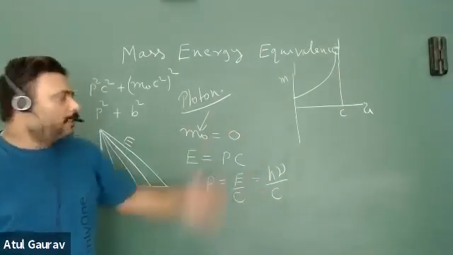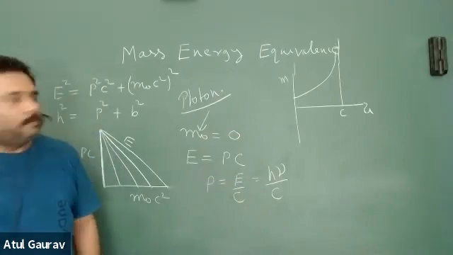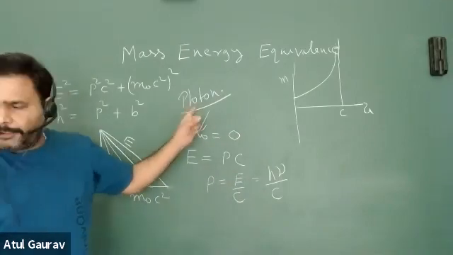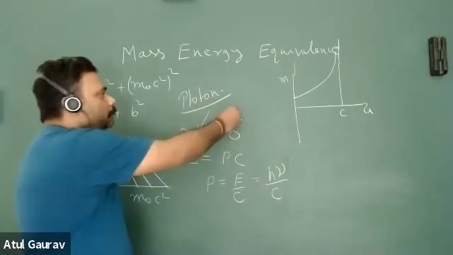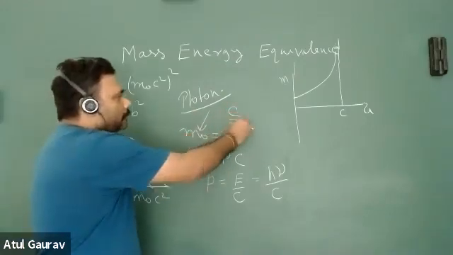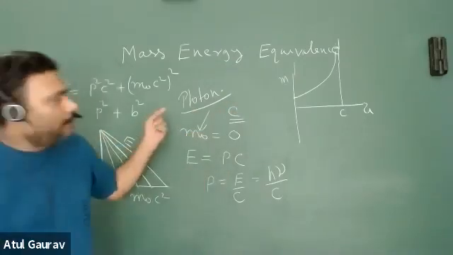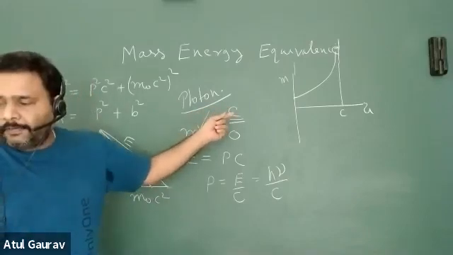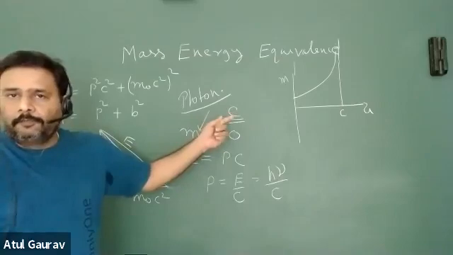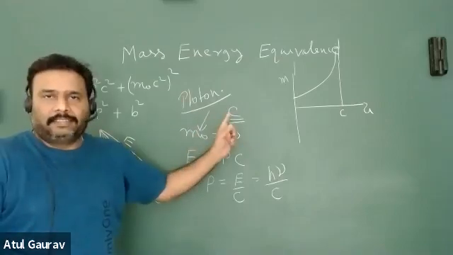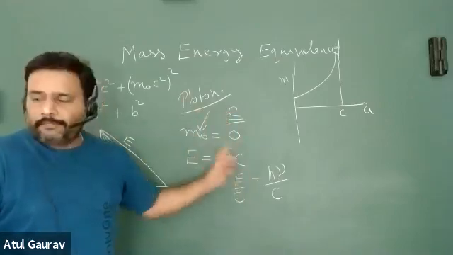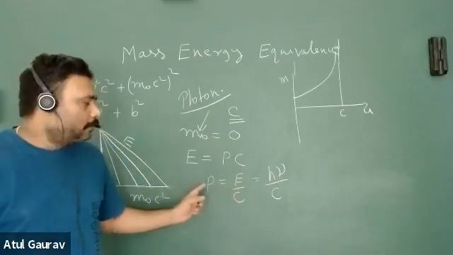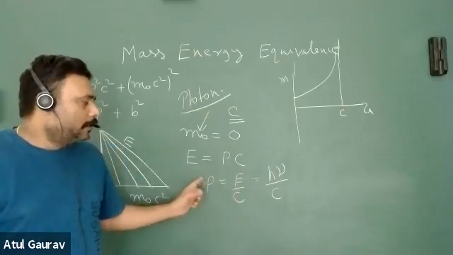So what is the conclusion here? What is a photon actually? Photon means the speed is the speed of light. If any particle is moving with the speed of light, then it will be assumed to be massless, and we will treat it just like a photon. And what is the momentum of a photon?